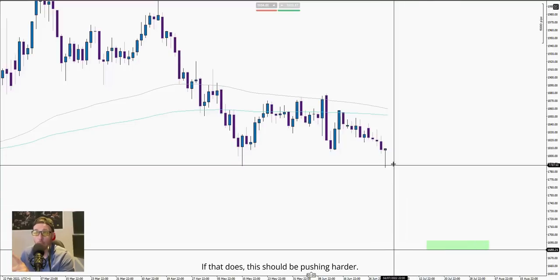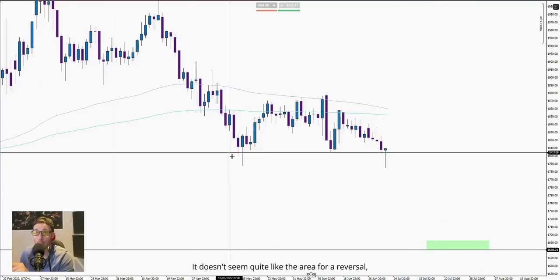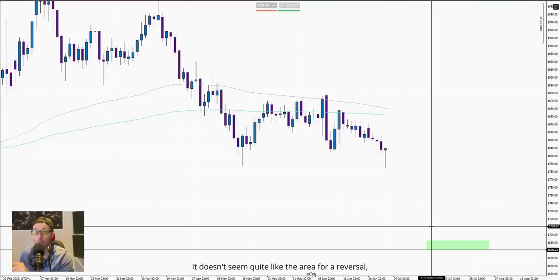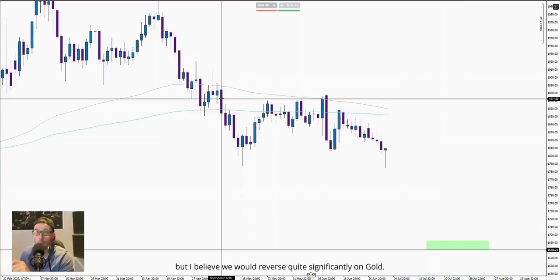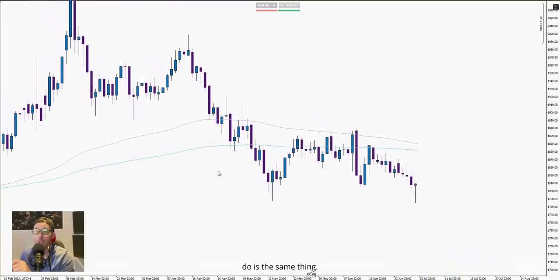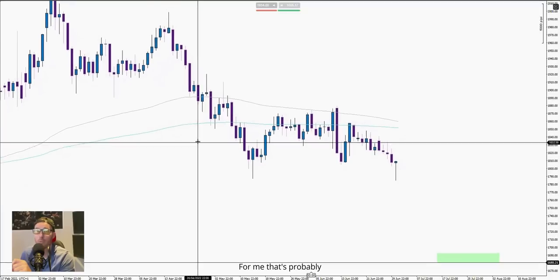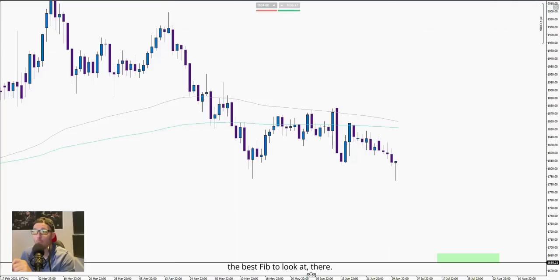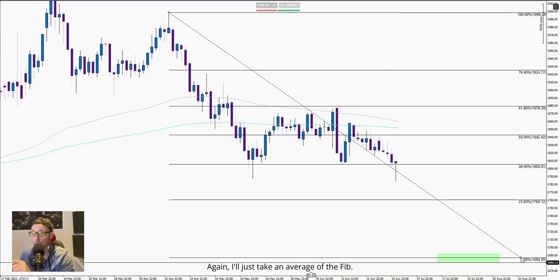If that does, this should be pushing harder, so it doesn't seem like quite the area for a reversal, but I believe we would reverse quite significantly on gold. So for me, that's probably the best fib to look at there. Again, I'll just take an average over the fib.